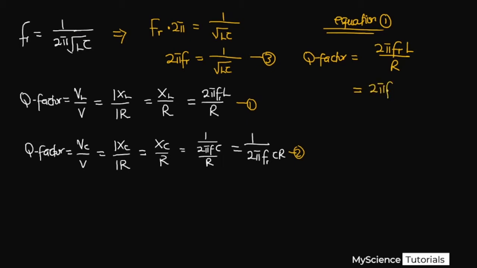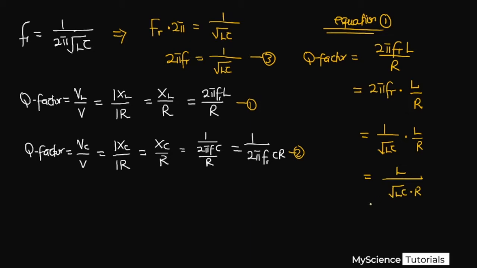This is 2 pi FR multiplied by L over R, and in place of 2 pi FR we can substitute this. So Q factor is equal to 1 over the root of LC multiplied by L on R. So this will be equal to L over the root of LC multiplied by resistance.